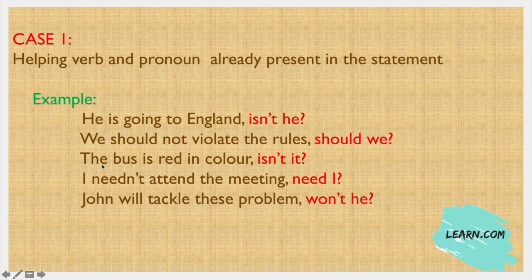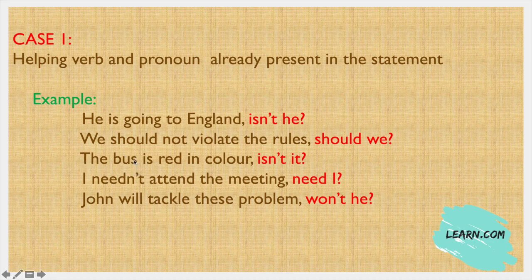Next example, the bus is red in color. Here it is a positive statement. We have the helping verb is already present, but there is no pronoun in the sentence. But don't worry, in absence of the pronoun, what we have is the subject. The subject here is the bus.